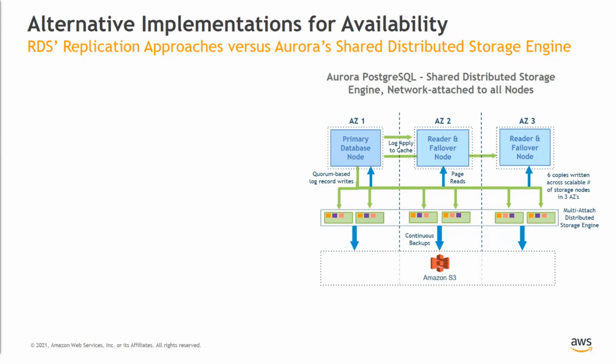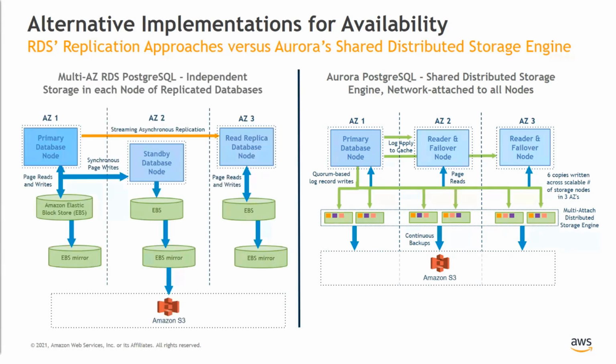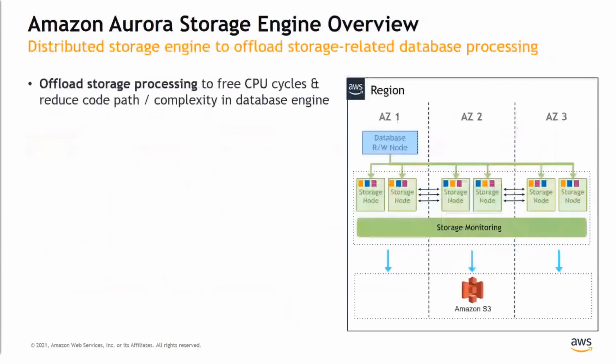You contrast that with the old approach, and it might take hours for a new copy of the database, especially if it's large, to be provisioned and synchronized with the primary. So this is the area we're really going to focus on today: this shared storage architecture and how that provides a lot of basis for these capabilities.